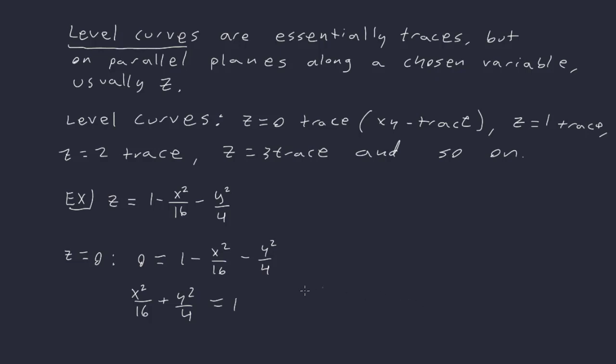So when we moved it over, this gave us the ellipse x squared over 16 plus y squared over 4 equals 1. Okay, so I'm going to try and do a nice little set of graphs over here. All right, x by y. And so let's say that this one's in green.